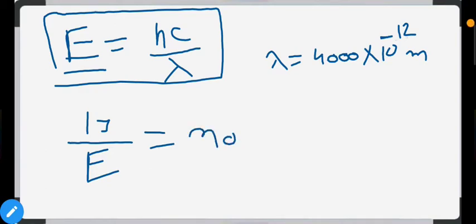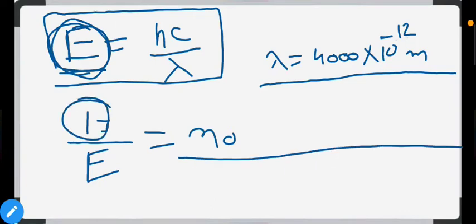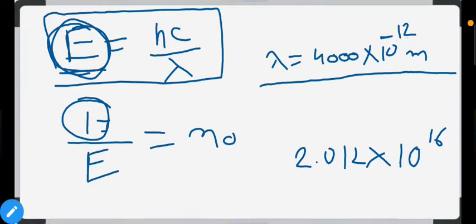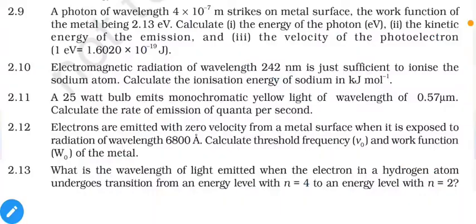So it is a two-step calculation. First, find the energy of a single photon using this equation from the given value of lambda, and then divide 1 joule by that energy value and you will get the number of photons. Our answer will be something like 2.012 into 10 raised to 16.